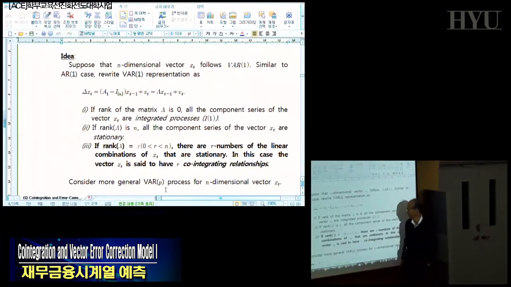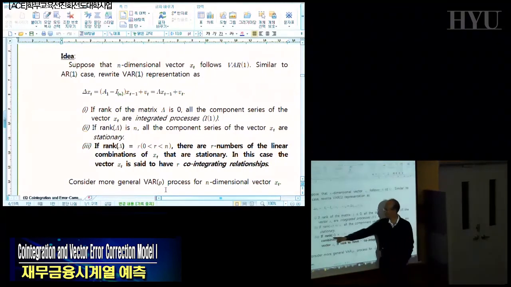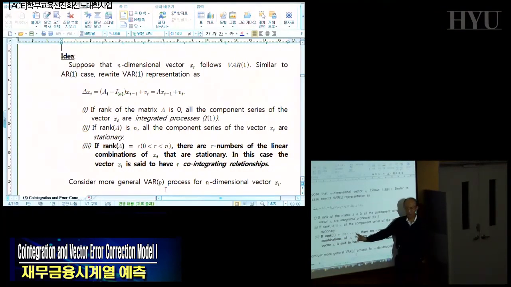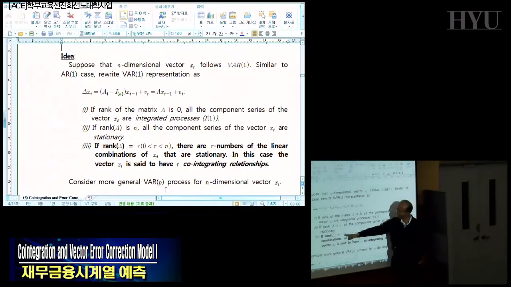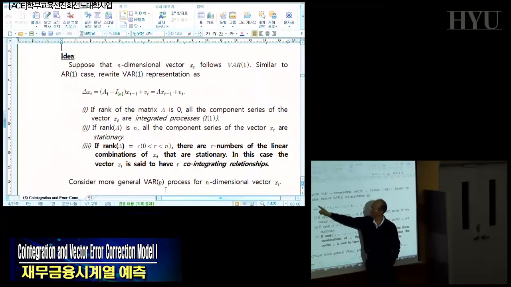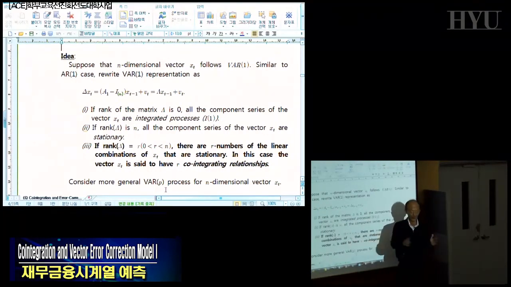So if it turns out that the rank of this matrix lambda is some number less than n but greater than 0, then the co-integration test means there are linear combinations of x's that result in stationary series.